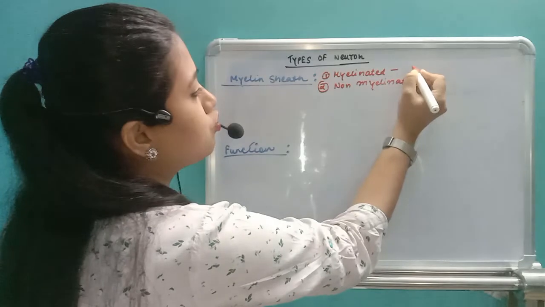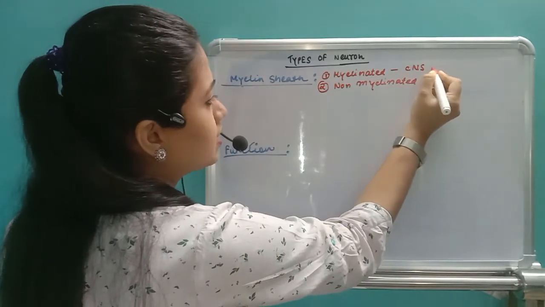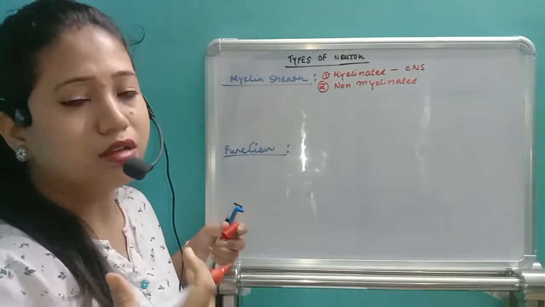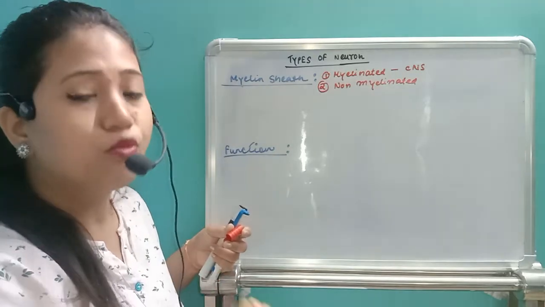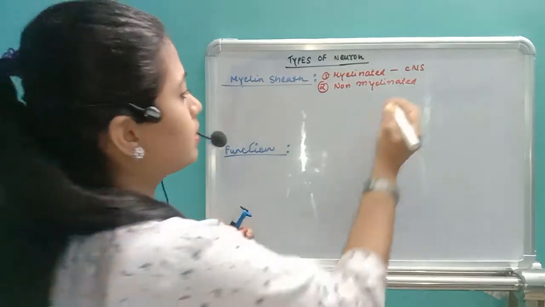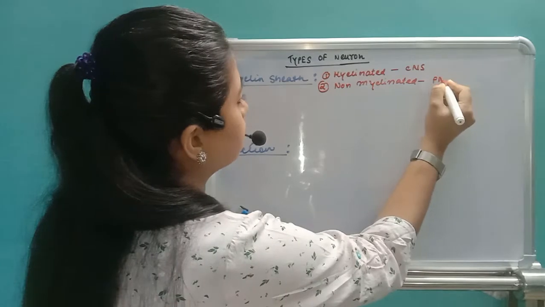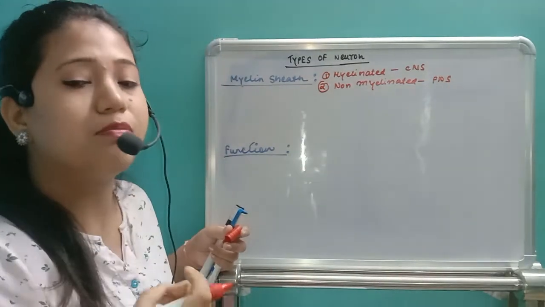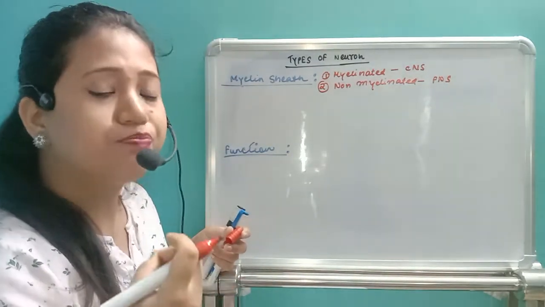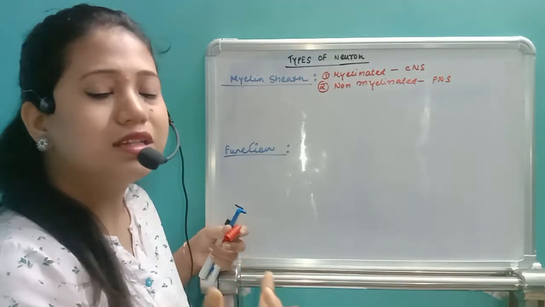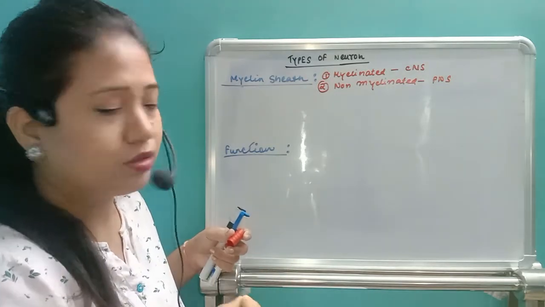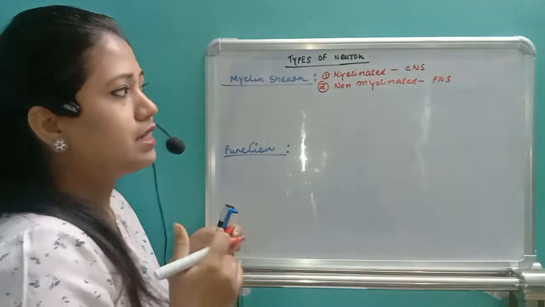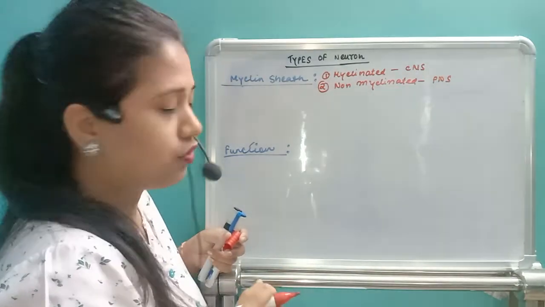Normally, myelinated neurons are present in the CNS, making the movement of impulse faster. But non-myelinated neurons are present in the PNS, which makes the nerve impulse go a little slower. Okay, so that is the myelinated and non-myelinated type of neuron.